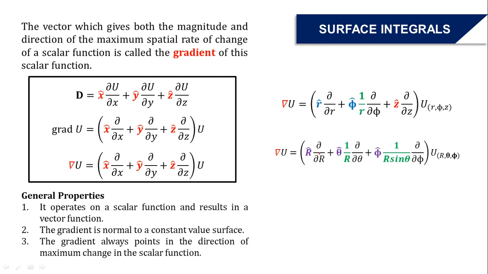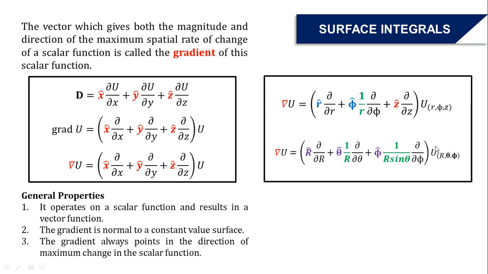R hat times the derivative of the function in spherical coordinates with respect to r plus theta hat 1 over r times the partial derivative ng ating function in spherical coordinates with respect to theta plus phi hat 1 over r sine theta times the partial derivative of the function in the spherical coordinates with respect to phi. So, yan. Nilagyan ko lang din ng box yan para intense. Pakitandaan na lang itong mga formulas natin na to.